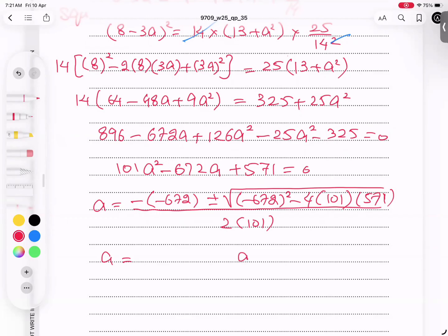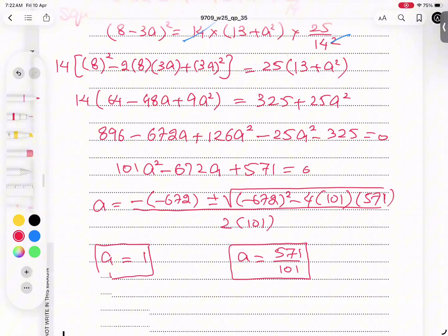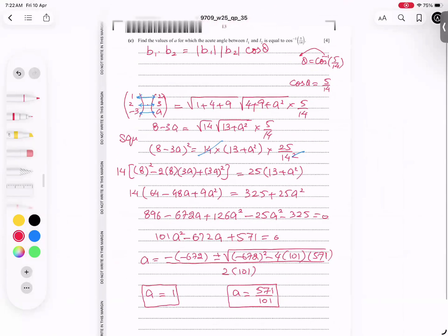There are two answers: one answer turns out to be 1, and the second answer is 571 over 101. I hope the concept of the question is very clear, and we have done even the third part. So the question is completely done.